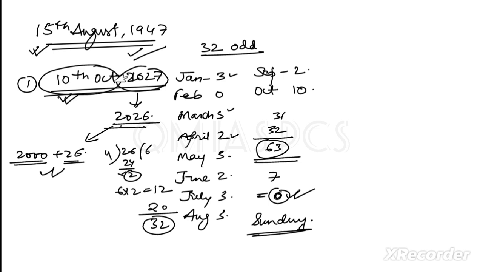So if you know the date of that, I mean the 2021 date, then it will be much easier for you. What I am saying is, we have to calculate 10th of October 2027, and the exam was on 10th of October 2021.